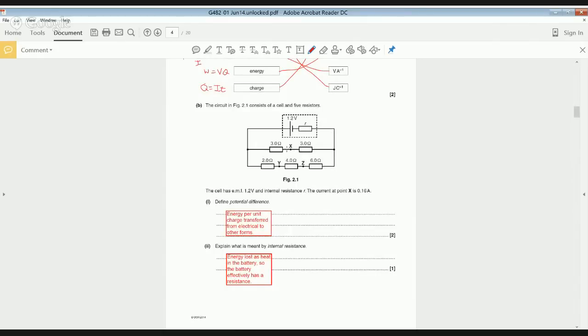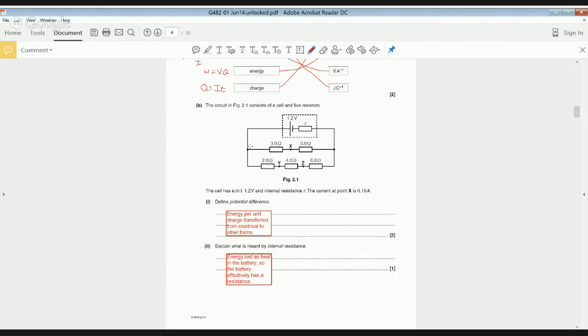You can see that in both cases, X and Z are in the middle numerically of their respective branches. So we've got 3 ohms to the left of X, 3 ohms to the right of X. We have 6 ohms to the left of Z, 6 ohms to the right of Z. So both of them are dividing their branch into 2.